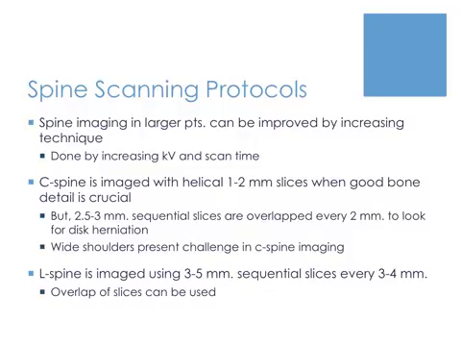Wide shoulders on a patient present a challenge for C-spine imaging, so try to have the patient really relax their shoulders and reach for their toes to get the shoulders out of the way of the C6, C7 area. L-spine is imaged using 3 to 5 millimeter sequential slices every 3 to 4 millimeters, and an overlap of slices can be used for this as well.